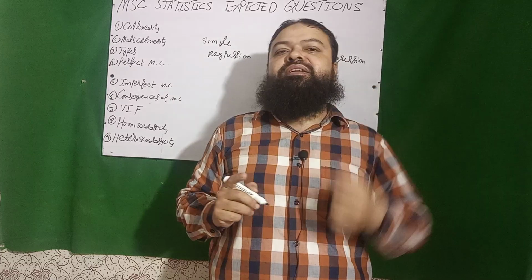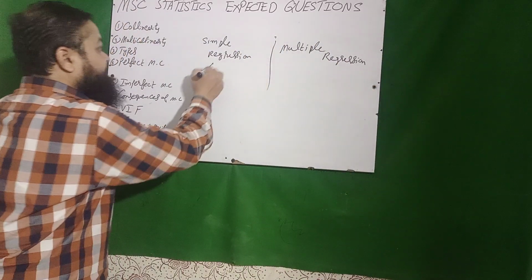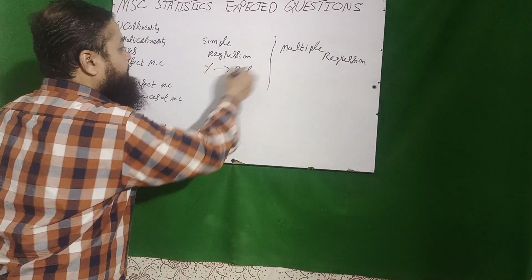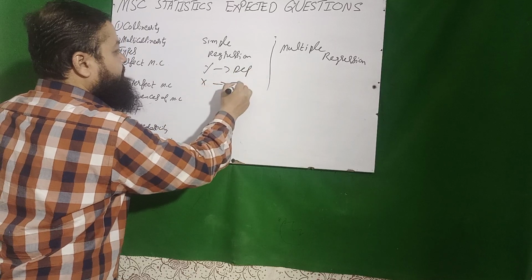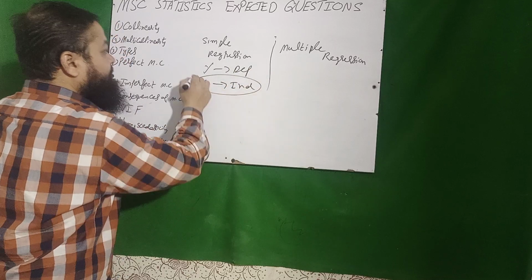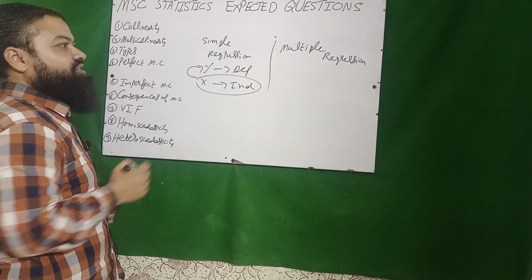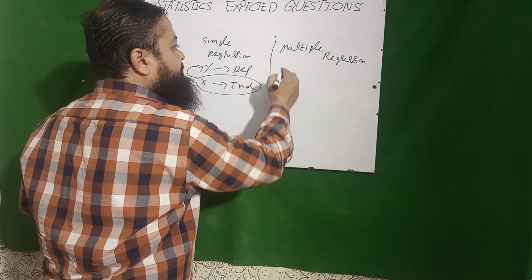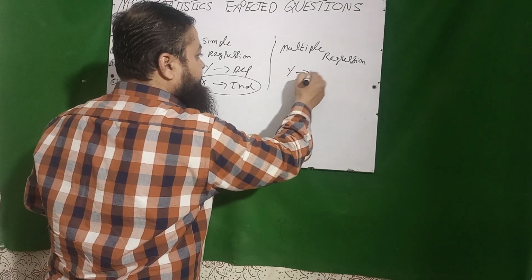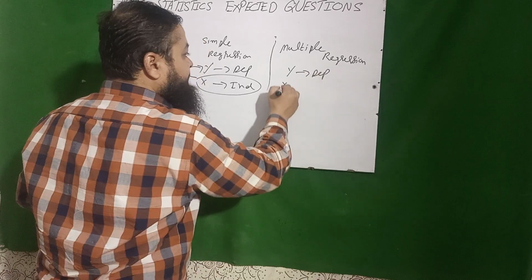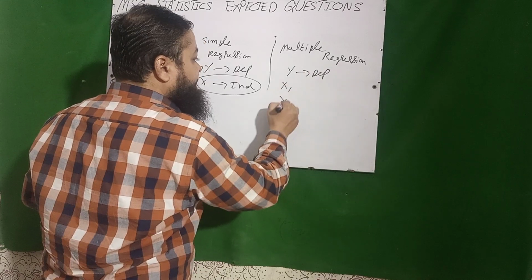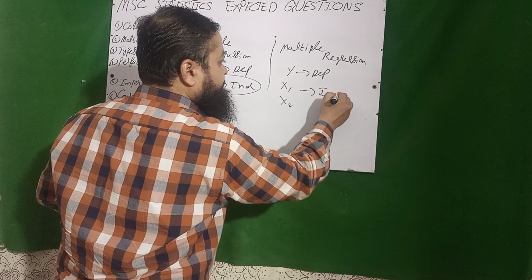If y is the dependent variable and x is the independent variable, we check the effect of x on y. It is simple regression. Whereas in multiple regression, we have one dependent variable which is y and at least two independent variables.